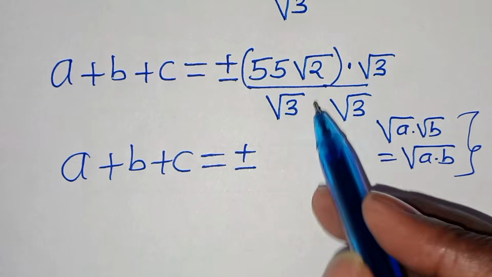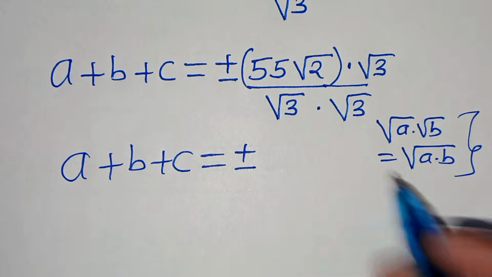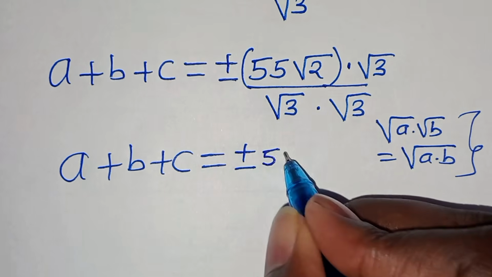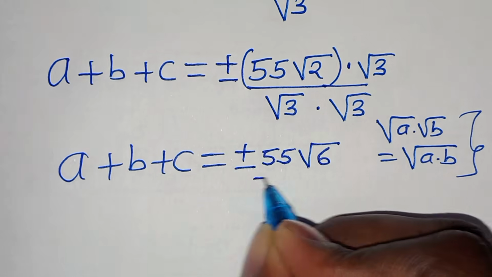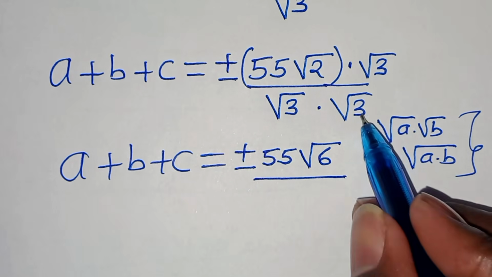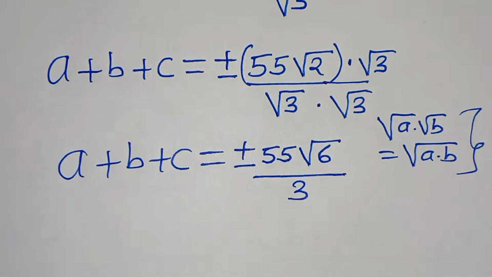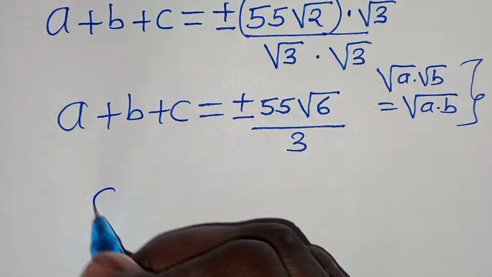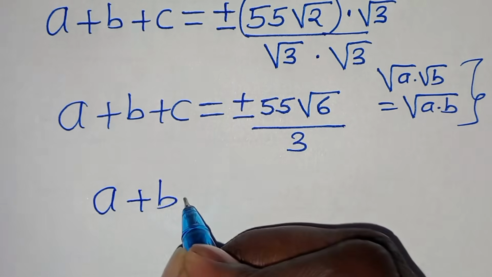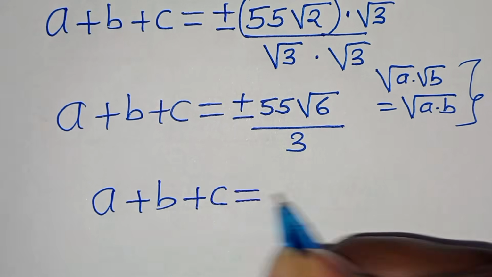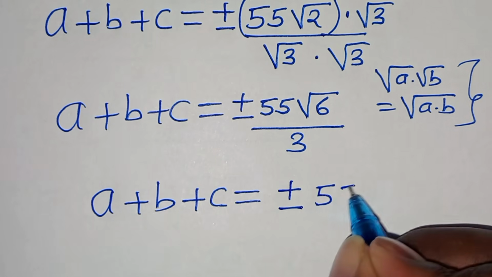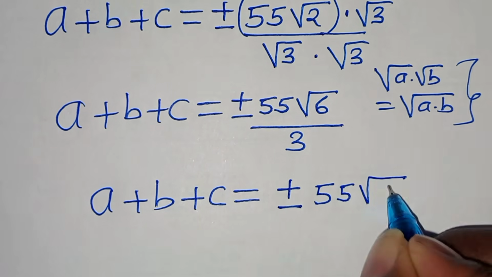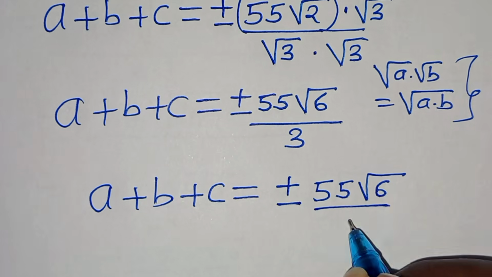So here we have square root of 2 times square root of 3, so this is 55 multiplied by square root of 6, then divided by square root of 3 times square root of 3. This is 3. So we have that a plus b plus c is equal to plus or minus 55 multiplied by square root of 6 divided by 3.